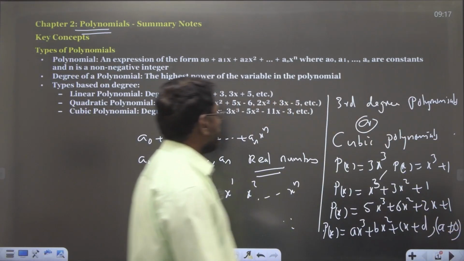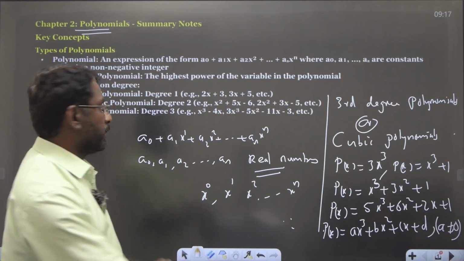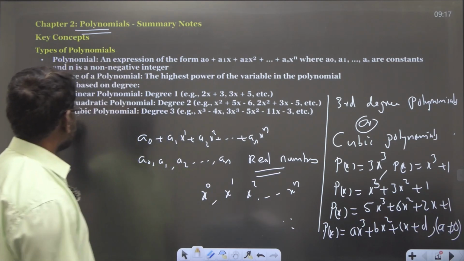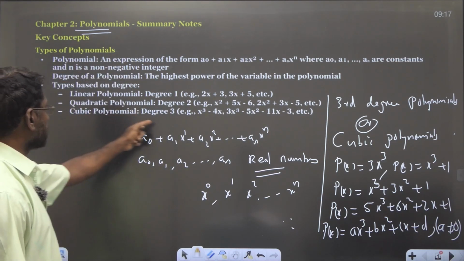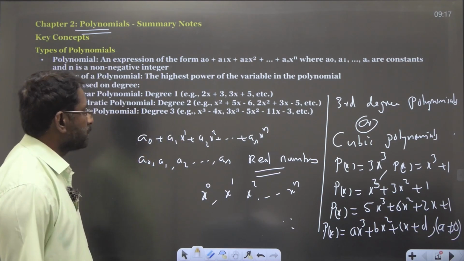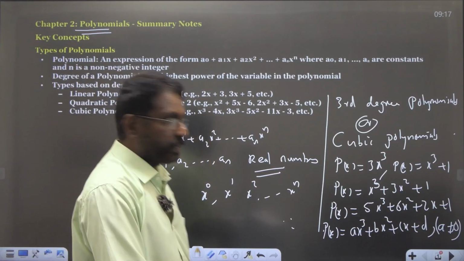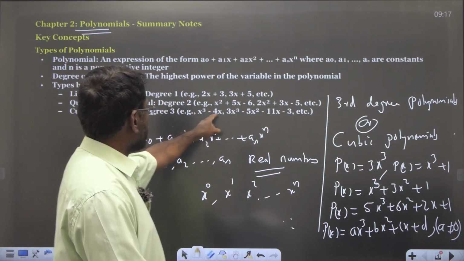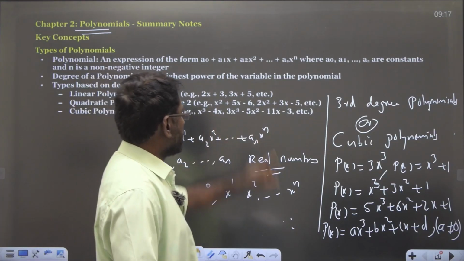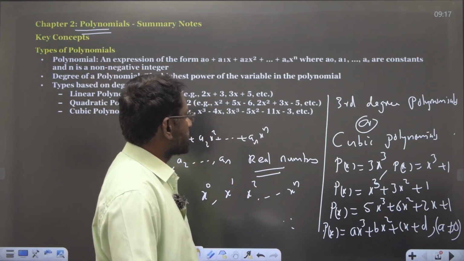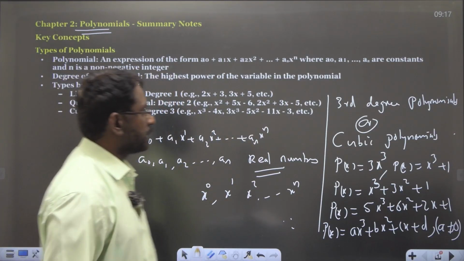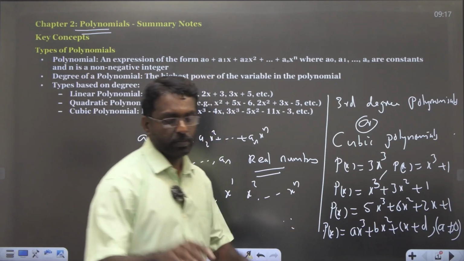This is the fundamental form of a cubic polynomial. Some more examples are x cube minus 4x, 3x cube minus 5x square minus 11x minus 3, etc.